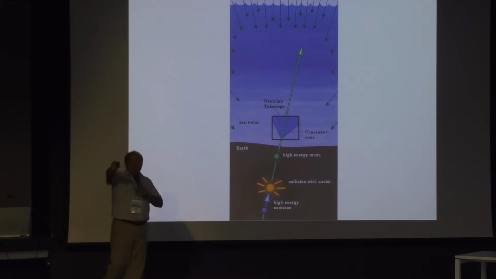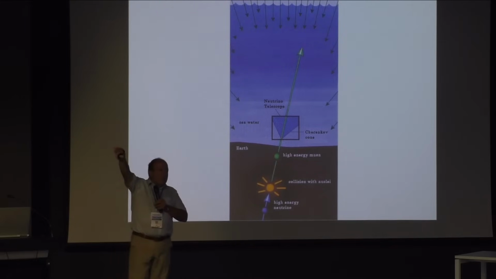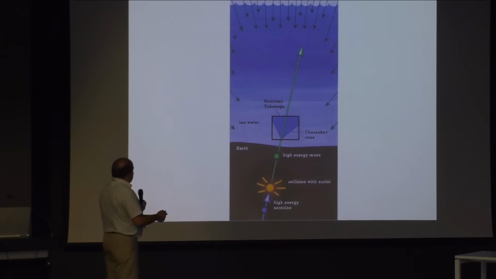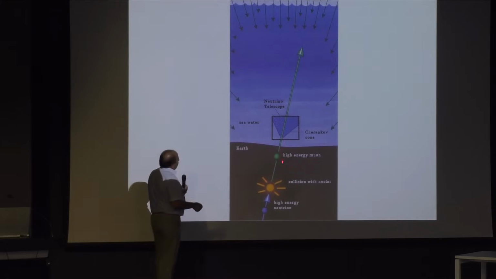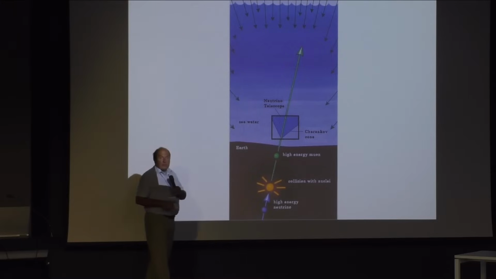Because if we reconstruct the track of the muon, it's about the same as the track of the neutrino, so we will be able to point back to the source of this neutrino. Okay? So this muon is entering the seawater here and is producing this very faint blue light.